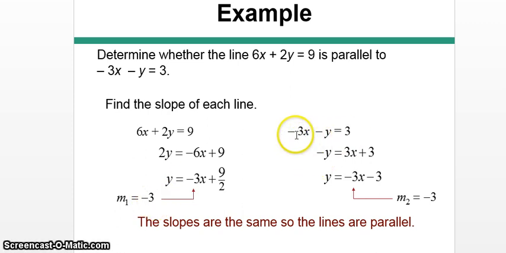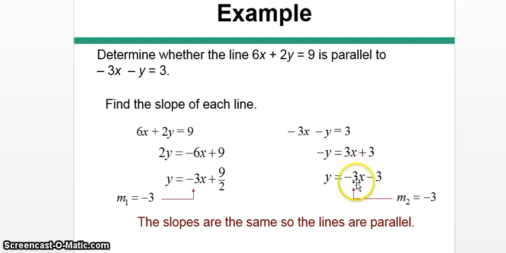Here minus 3x minus y equal to 3, minus y equal to 3x plus 3. Multiply negative sign on both sides, y becomes minus 3x minus 3.